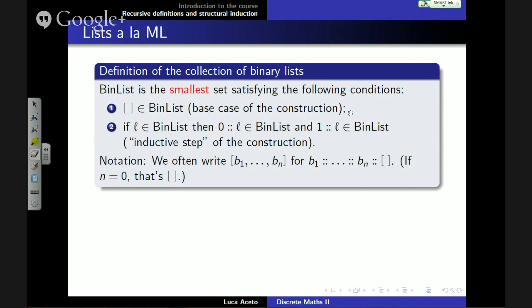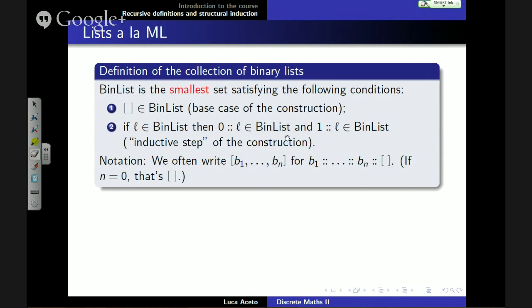Now, if we only had the empty list, you would agree with me the data type would be pretty boring, wouldn't it? There isn't that much that we could store just using the empty list. We could store nothing. So let's assume that we are, for simplicity, trying to define lists of binary digits. These are lists whose elements are bits.